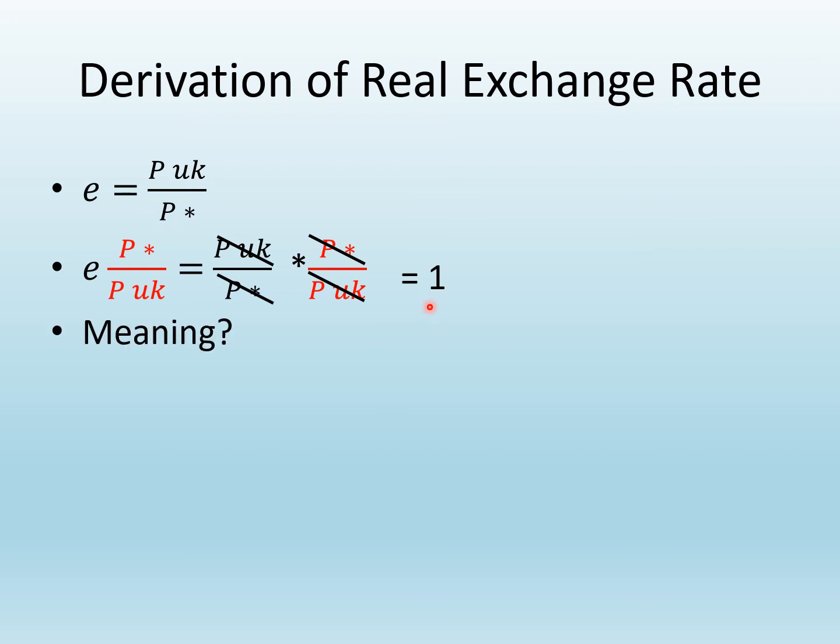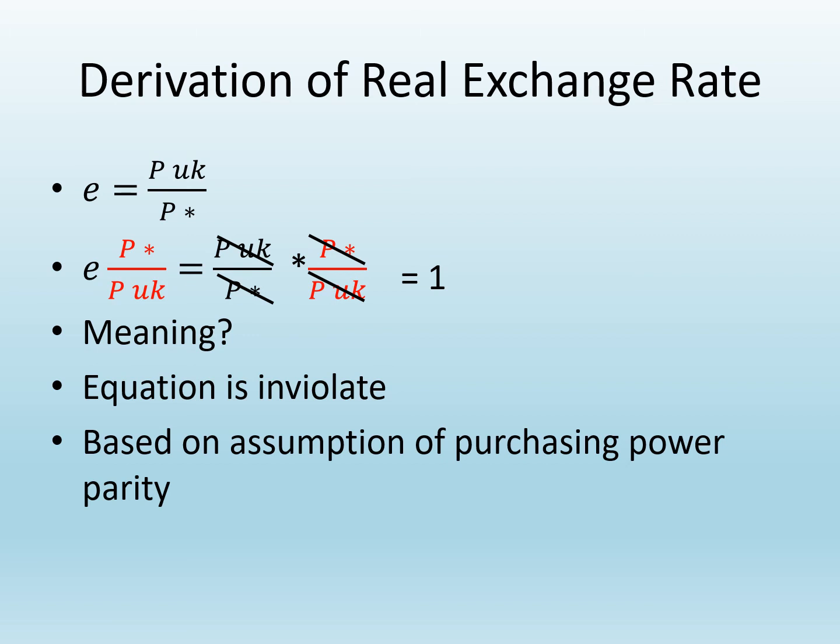And clearly the question is, what does 1 mean? Well, 1 means that the equation is inviolate, meaning it cannot change, meaning that this ratio here is always fixed, it's always 1. That's mathematically. You'll recall how we started this part of the discussion is that one of the things that underlies the monetary approach to the balance of payments is the assumption of purchasing power parity.